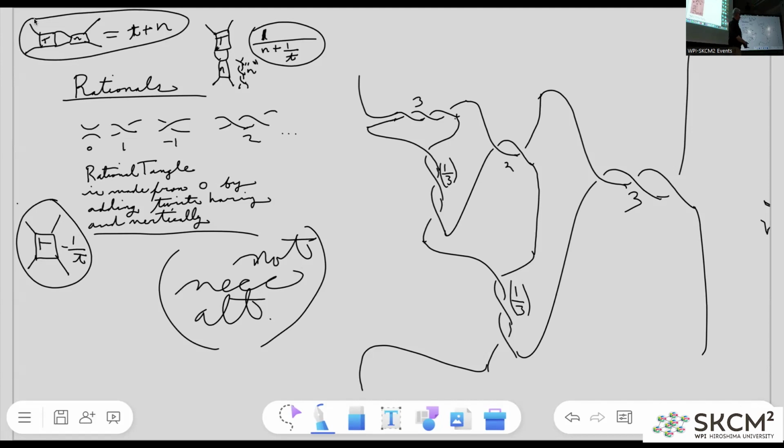And I won't go through it again, but that means that this tangle here is 3 plus, we can read it out, 3 plus 1 over 3 plus 1 over, and now we're looking at this guy, and this guy is 2 plus 1 over 3 plus 1 over 3.